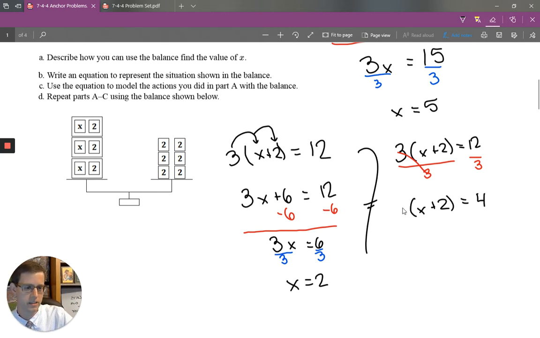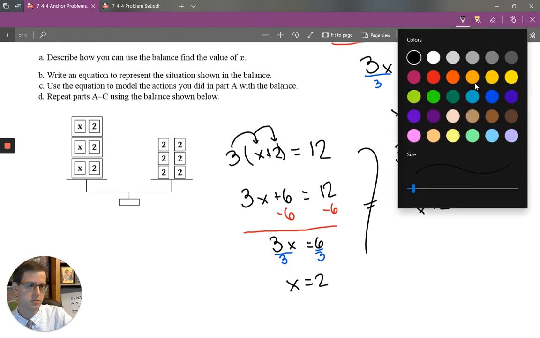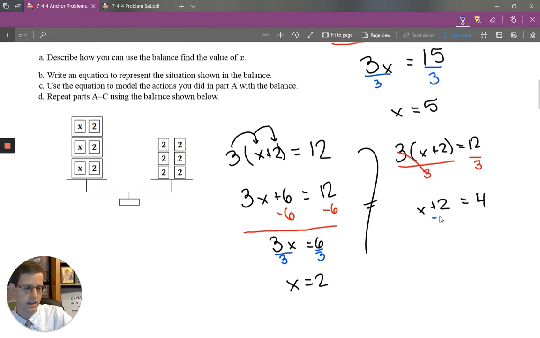And actually, we don't even need those parentheses there anymore. And the opposite of addition is subtraction. Subtract 2 from both sides. And what we're going to be left with here is x equals, because the 2 minus 2 cancels, 2. Two different ways of solving the same equation to get us to the same solution of x equals 2.